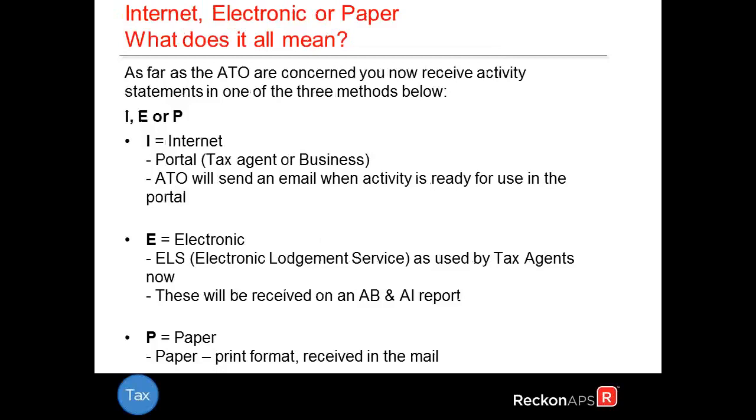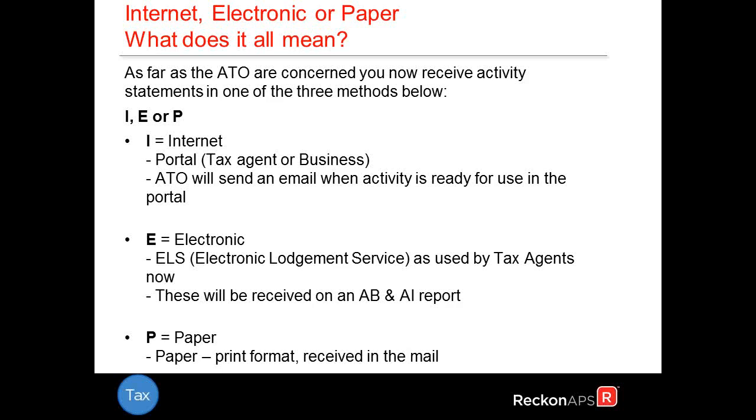Internet, electronic or paper, which is essentially I, E or P. What does it all mean? As far as the ATO are concerned, you now receive activity statements in one of three methods. I is Internet, and that covers the portal, be it the tax agent or the business portal.